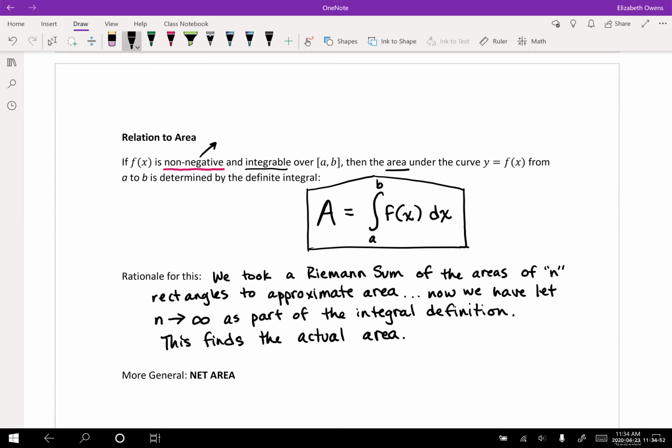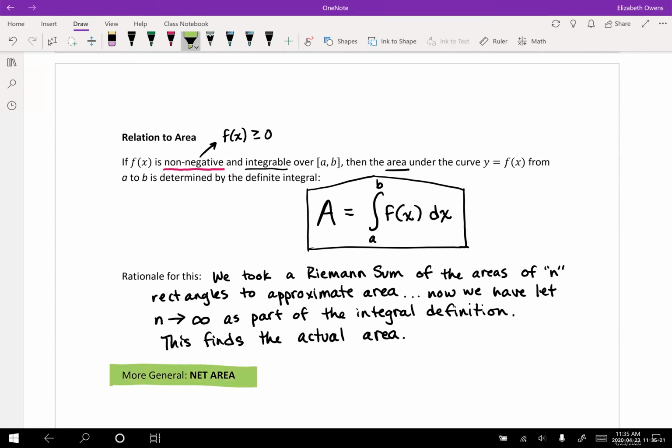So for f of x to be non-negative, all of the values for f of x need to be greater than or equal to 0. And we know that's not always true. In fact, often not true. A lot of functions can have negative values. So we want a more general definition for what this integral will get us. And that is right down here.